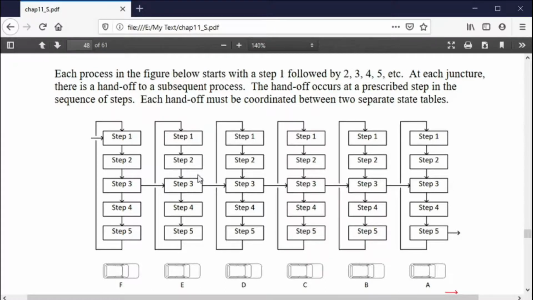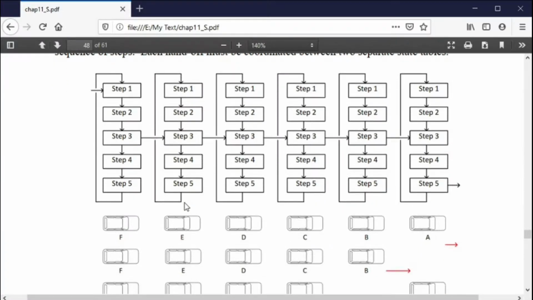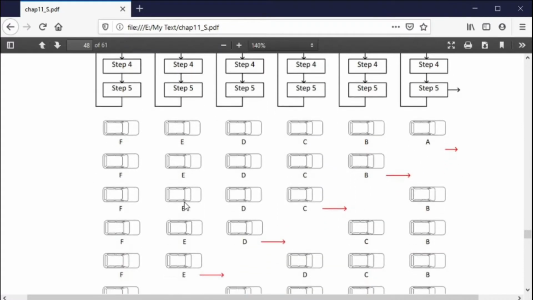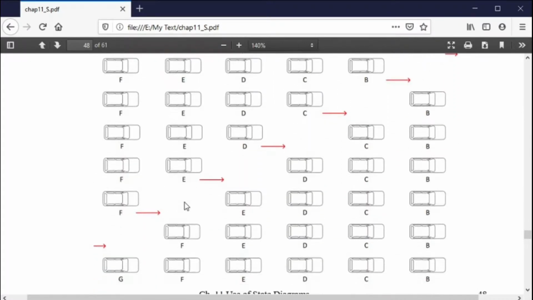Just realize that at this step, this meshes up with this one, and then this one can go on. But please be aware that whether they realized it or not, they were writing state diagrams, and that's pretty much how you can address certain programs. Okay?